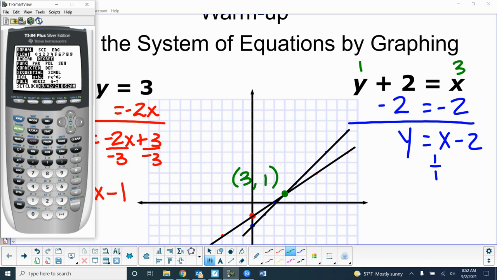I think, where is that? I want real numbers. And I don't know if it'll do that or not. Let's see if I put that in. And then graph. Oh, it just makes it fatter.